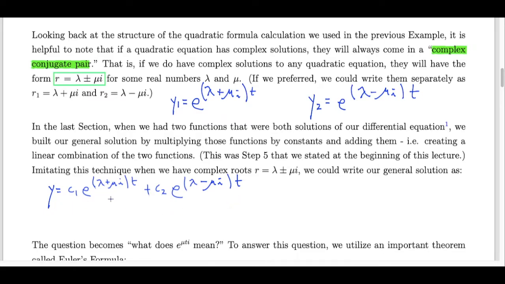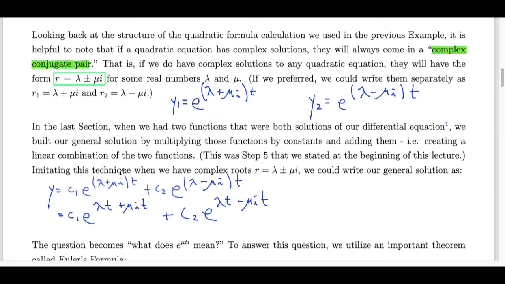I want to manipulate this algebraically a little bit just to isolate some of the different components. First of all, in these exponents, I want to distribute the t inside these sums. And then based on rules of exponents, that'll allow me to rewrite this single exponential expression as the product of exponential expressions. Let me show you what I mean.